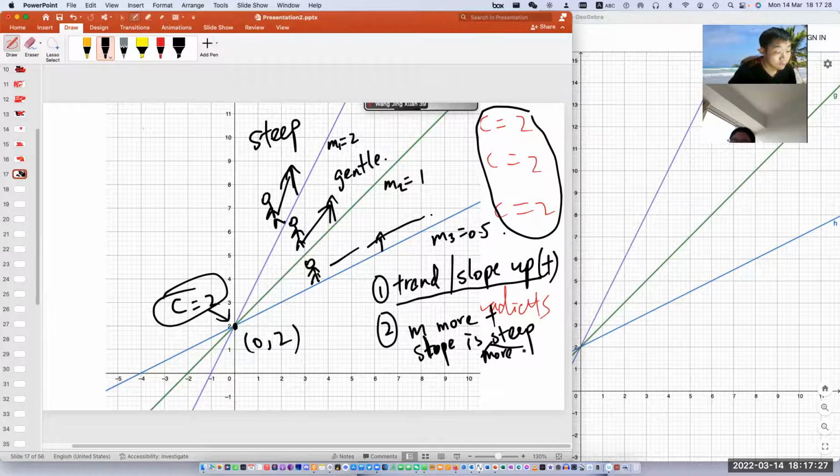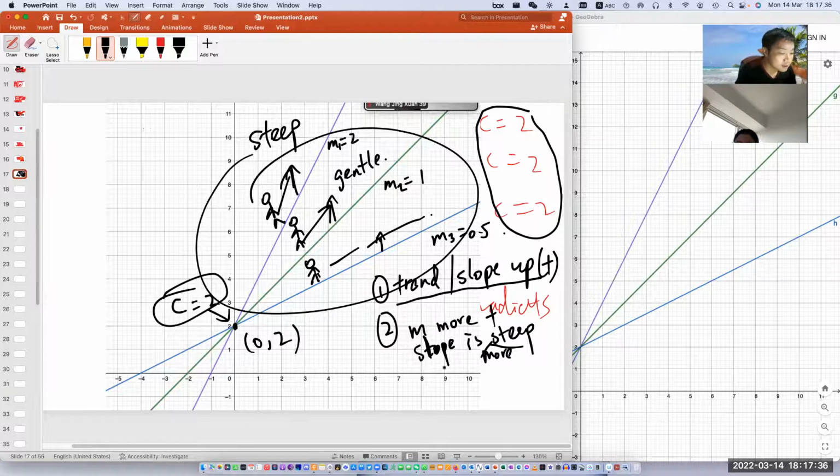Okay. If the gradient is more positive, it means bigger, the slope is more steep, as you can see here. Harder to climb, basically. More steep means harder to climb. Right?